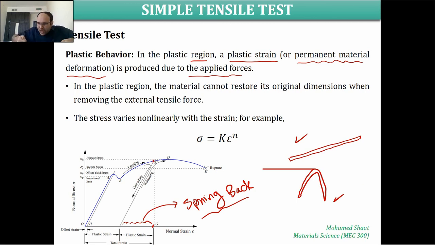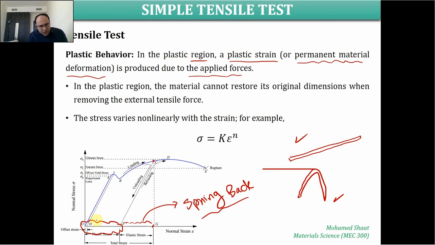But the instant that you remove your hand, one side of this rod or stick will be opened, somehow slightly open, indicating the spring back behavior of the material. But it will not be completely open, and instead it is going to have a plastic strain.